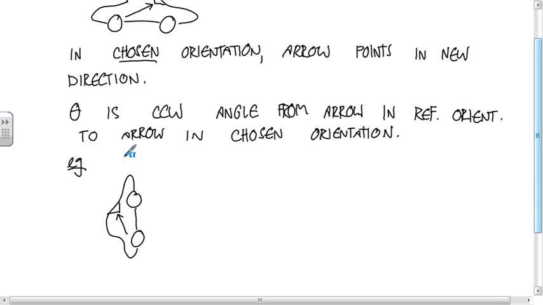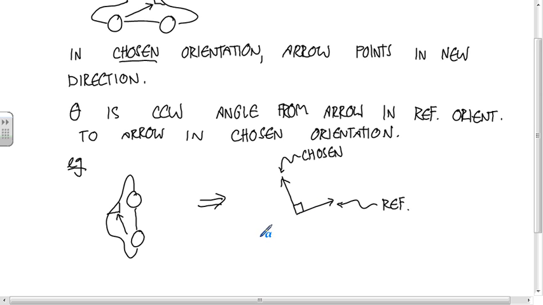So the arrow in the reference orientation was this. The arrow in the chosen orientation, put the tails together, was this. So what's the angle here? 90, yep. So the angular position then is 90 degrees.